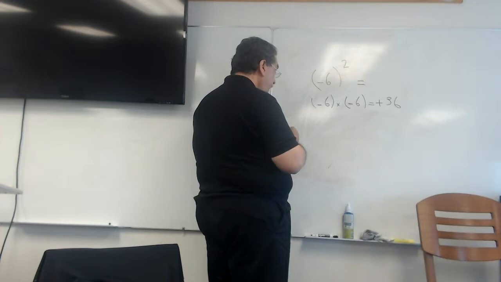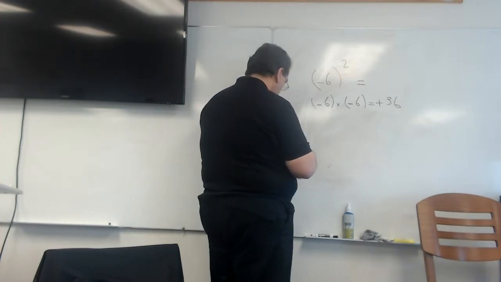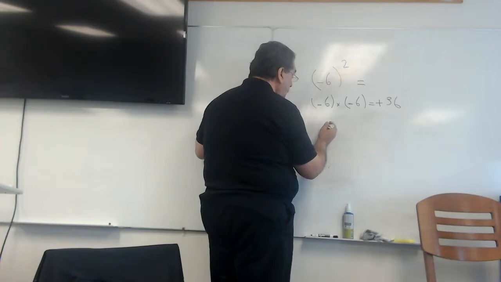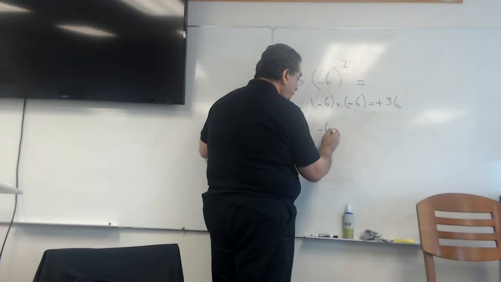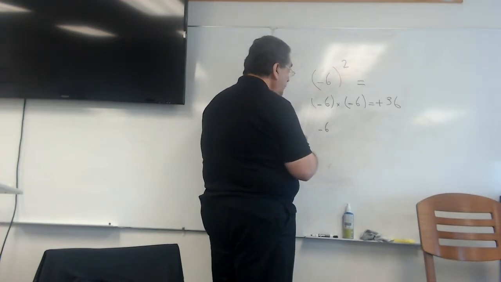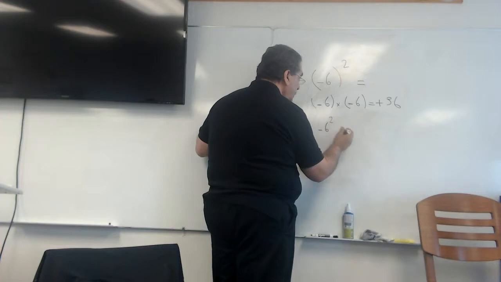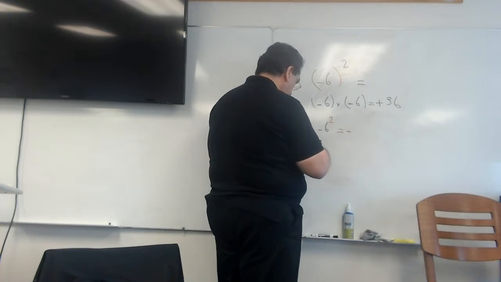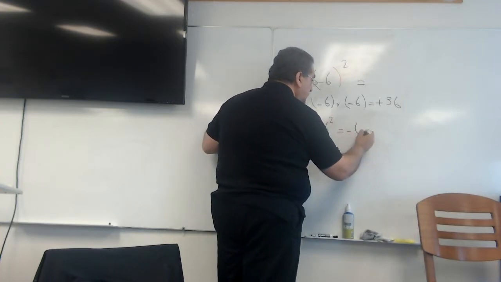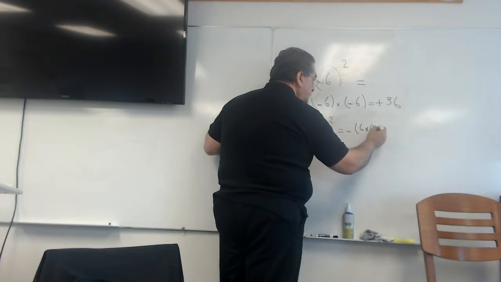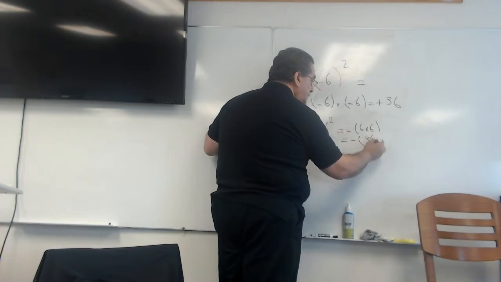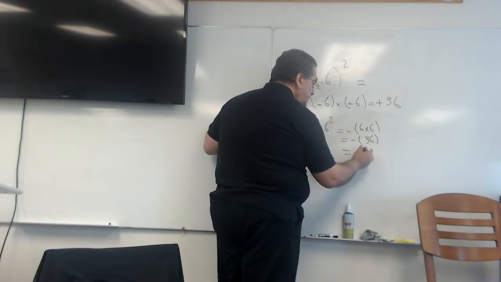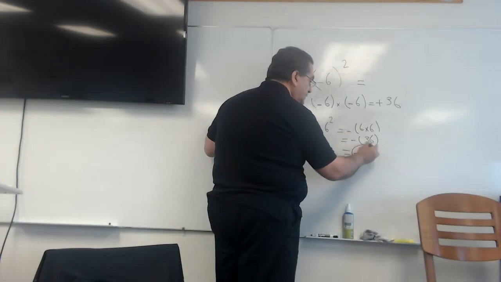Okay? But if I change that just a little bit, if I put the exponent outside so it's minus 6 to the power of 2, then this is minus 6 times 6, which is 36, and the negative remains, so the answer is minus 36.